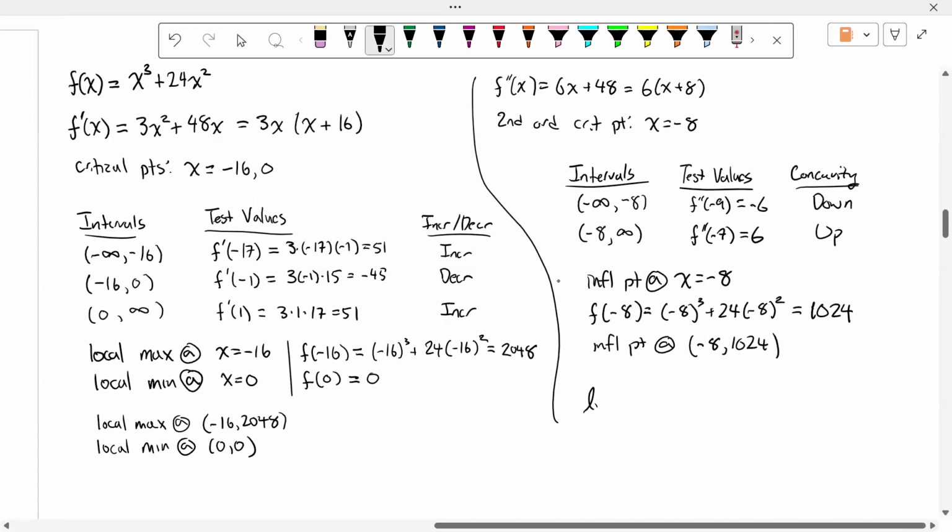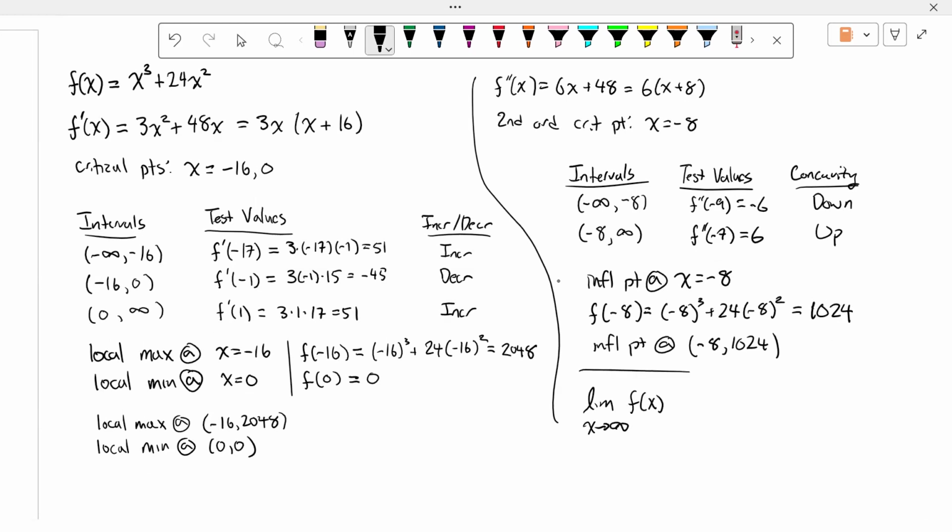Now what's the limit? All right, this is probably the part you don't like. Does anyone want to hazard a guess at what this limit as x goes to infinity is going to be?